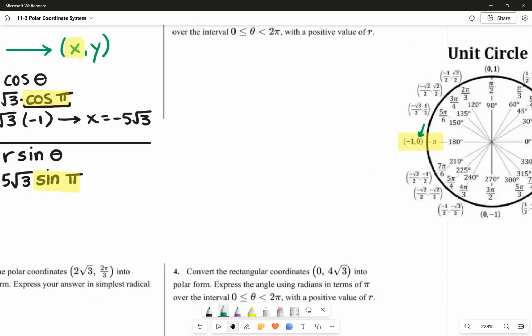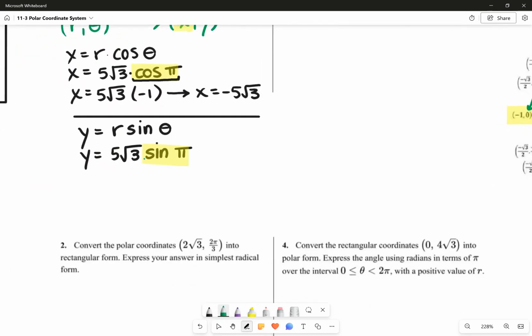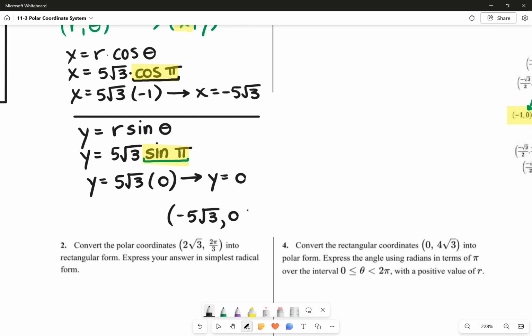So I'm going to substitute with a 0 for this piece right here. And so y equals 5 square root of 3 times 0, or you can put parentheses, and that means y is just equal to 0. So my final answer is x, comma, the y that I found, and you are done.